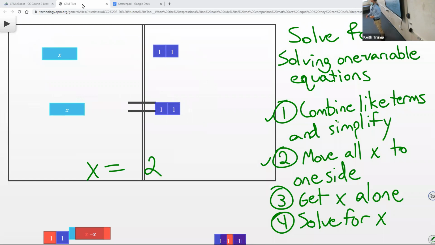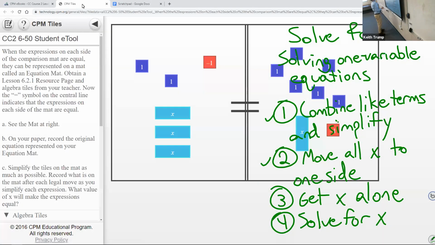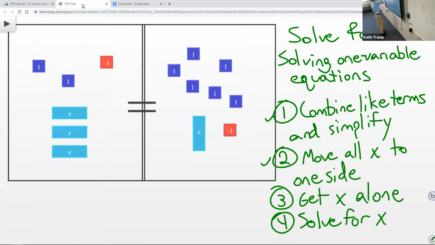Now we're going to take a look at how to do this exact same problem, but without any algebra tiles. We're still going to use our same steps, but we're not going to use algebra tiles for this. So let me refresh this so we can get the tiles back here. All right, so first we need to build these equations.